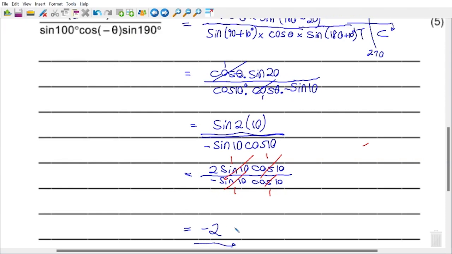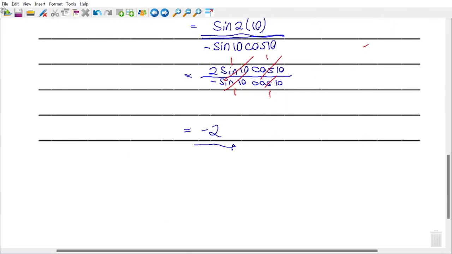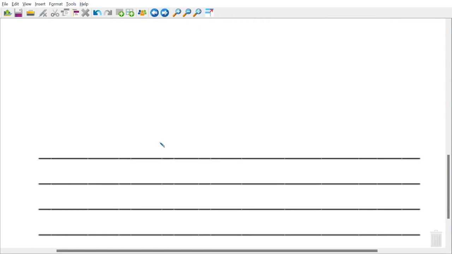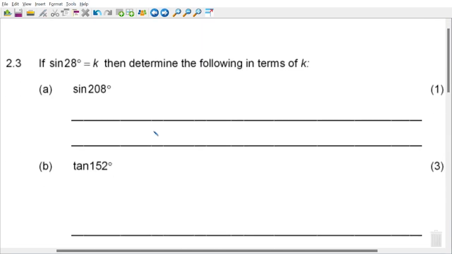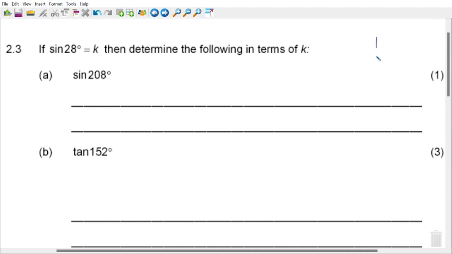Okay, right, let's move on to question number 2.3. And again, we're going to keep this first and foremost uppermost in our minds, all sine, tan, cos. Sine of 208. Now this question involves 28 degrees.